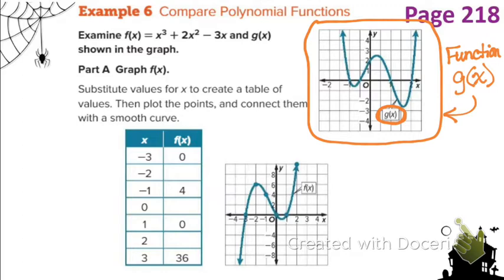What do we know about the function f of x? Because that's what we're going to be comparing and contrasting it with. What do they tell me about f of x? Look all the way up at the top, right underneath where it says example 6. What do I know about f of x? What does it tell me? Right after it says examine, what comes after that?